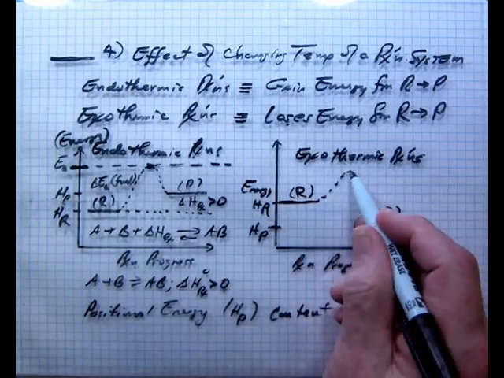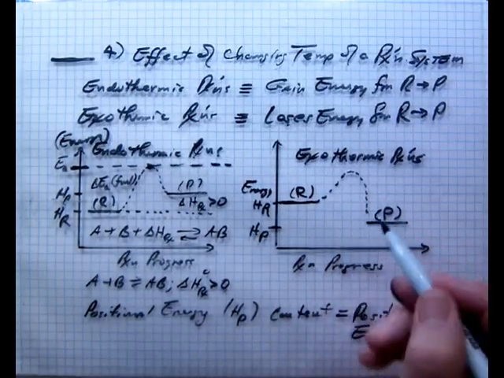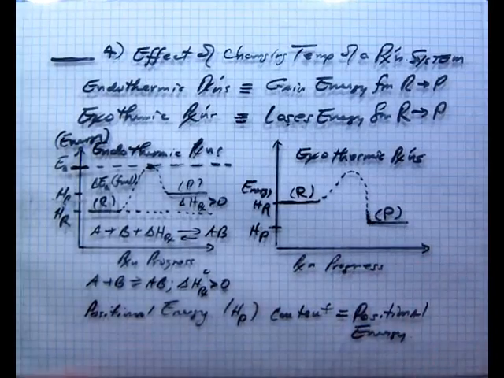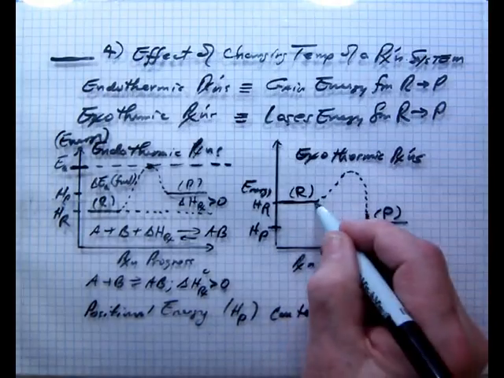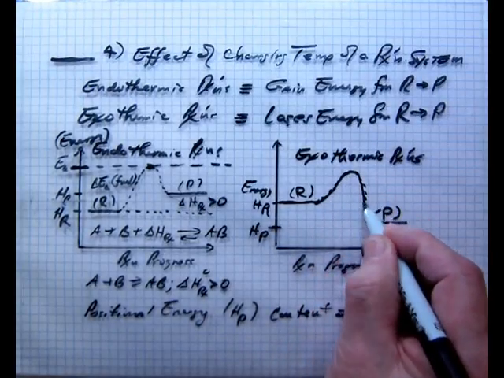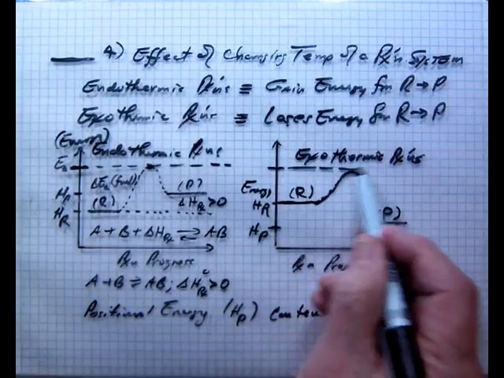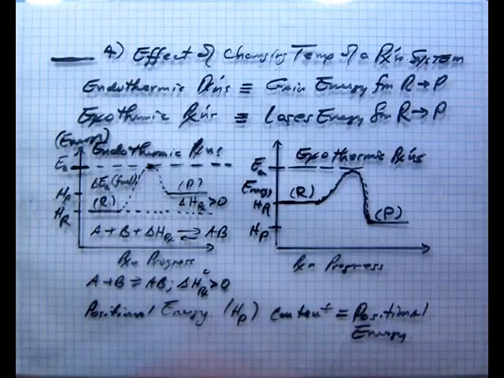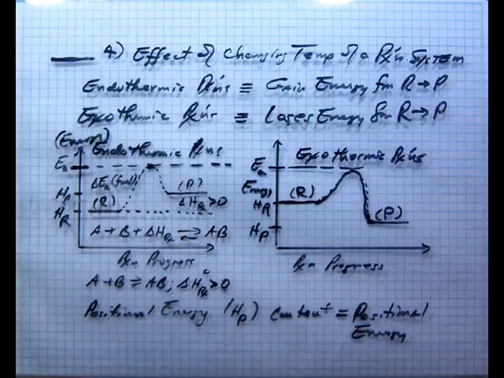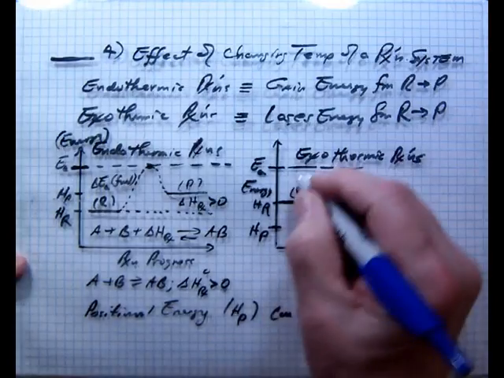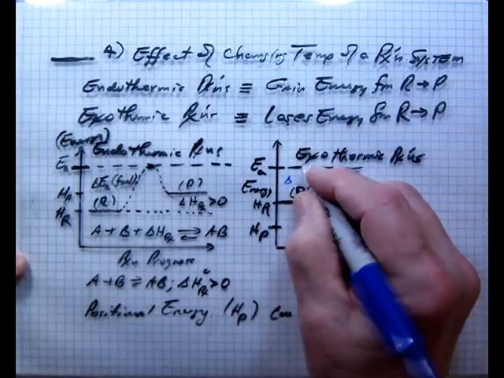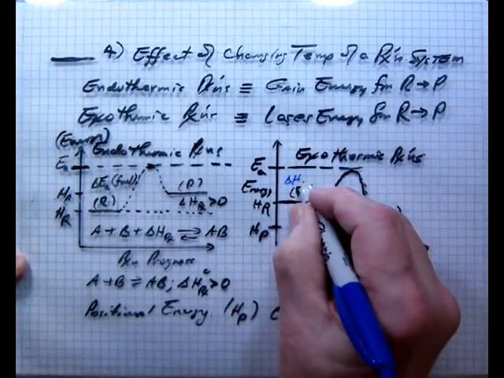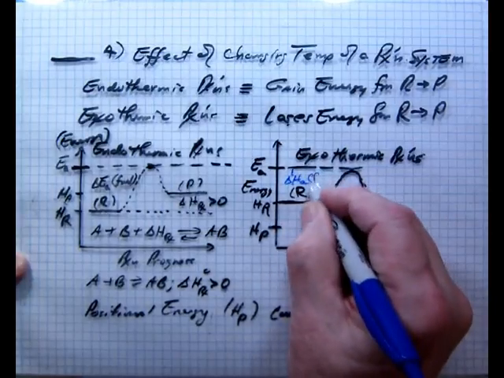That's why it's very valuable to know how to interpret this diagram, and it's used extensively in future courses that you will take, especially organic chemistry. And when we talk about the EA positional energy of activation versus the positional energy of the reactants, the distance between these is the delta H activation energy of the forward reaction.